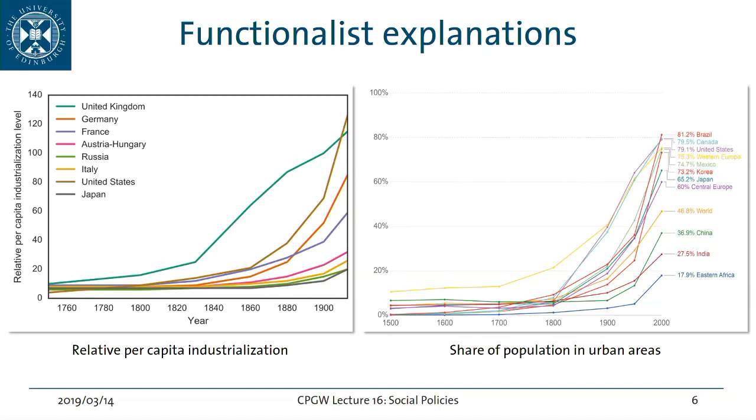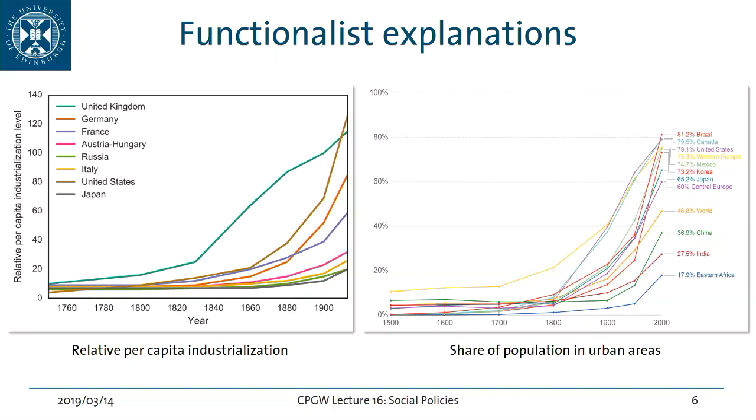And then on the right, you see a parallel development: people weren't just working in industries and still staying on their little family farm, they were moving to urban centers. So the two dual forces of industrialization and urbanization, that's what functionalists say, created a new need to take care of all these people that work in factories, that are industrial workers, and that live in cities.